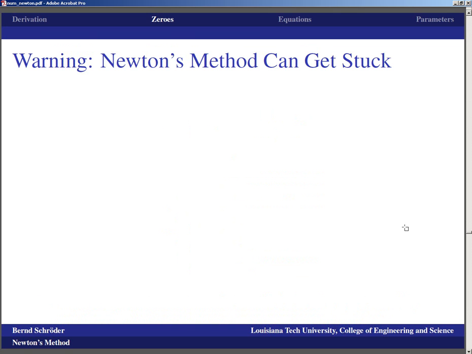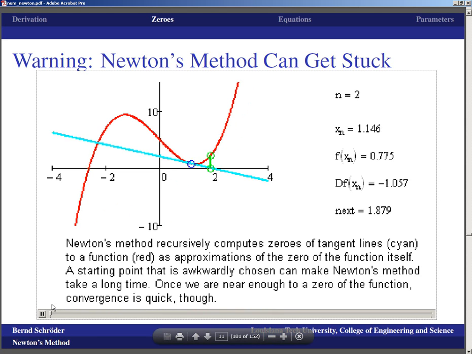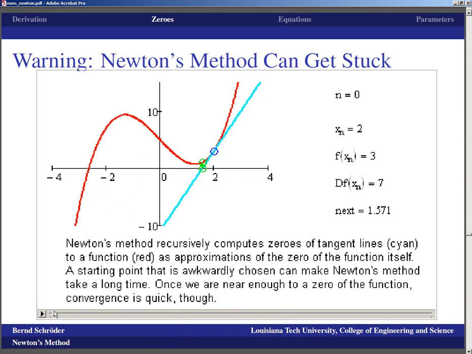Now, in mathematics, we also have to be careful with the various pathologies, and so, for example, Newton's method can get stuck. If we're looking at the same function that we have looked at, let me rewind that real quick. The animation is set up with exactly the same function as in the previous example, and in the previous example, we had seen that this minimum here is almost but not quite 0.